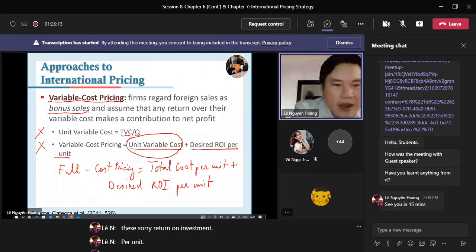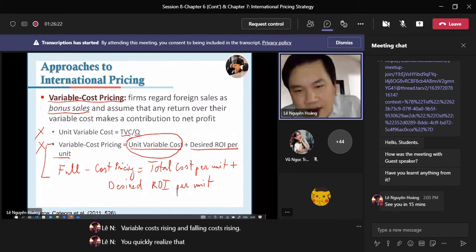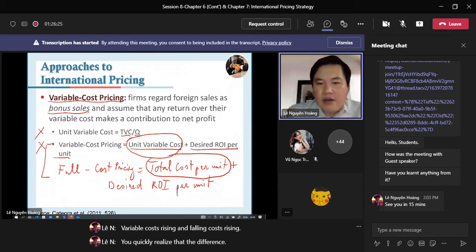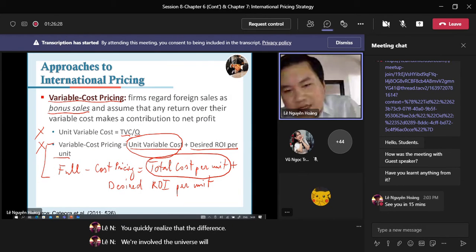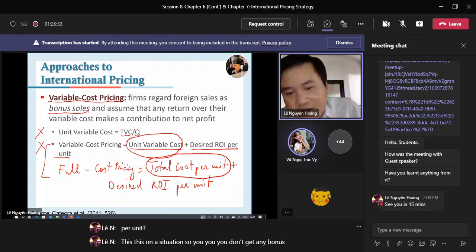If you compare variable cost pricing and full cost pricing, you quickly realize that the difference involves the unit variable cost as compared to the cost per unit. So which one is larger, unit variable cost or total cost per unit? This is an easy question, so you don't get any bonus point for your answer.